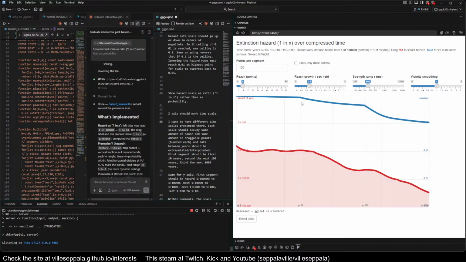Just thinking, what if you were only controlling some kind of anchor points, like here, I would have one anchor in here for the survival.